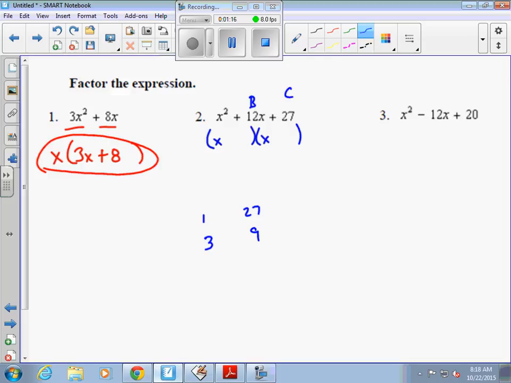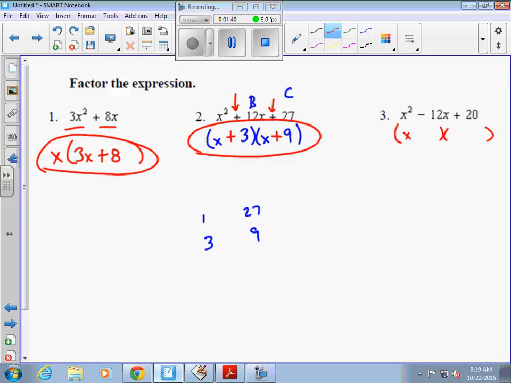The only one, 1 and 27, either get you to 26 or 28. 3 and 9 is going to get you to the number 6, or it's going to get you to 12. 12 is what we want, 3 and 9. This sign right here tells us they're either the same or they're different. Positive means that they are the same. And since they're both the same, this sign tells us that they're both plus. Plus 3, plus 9.